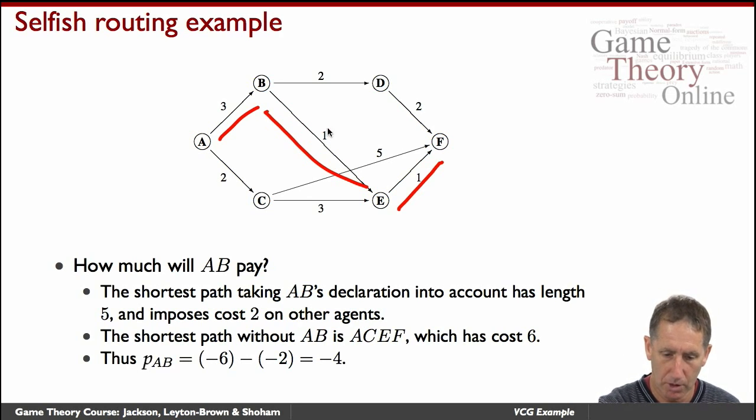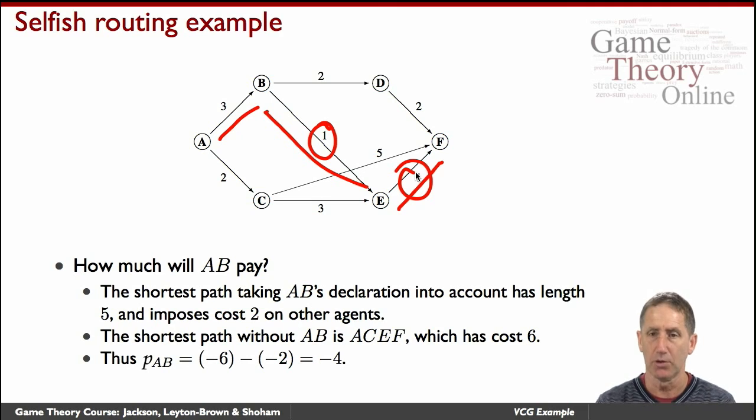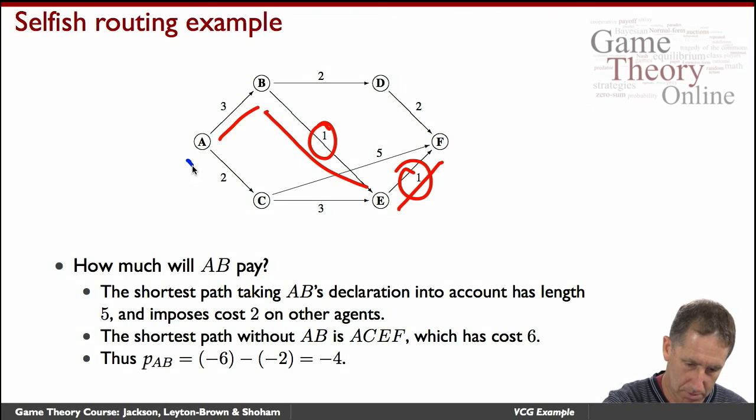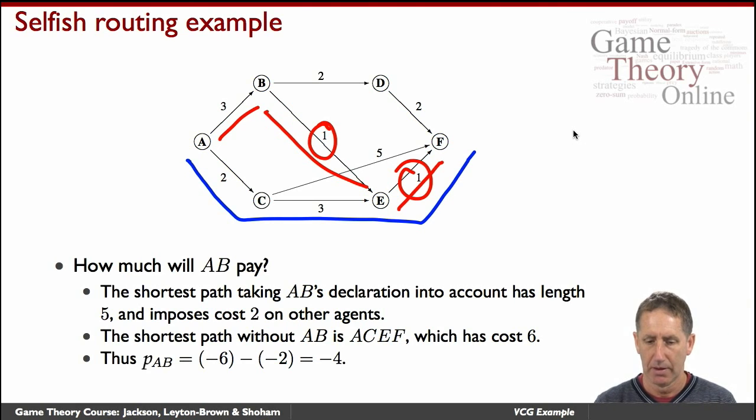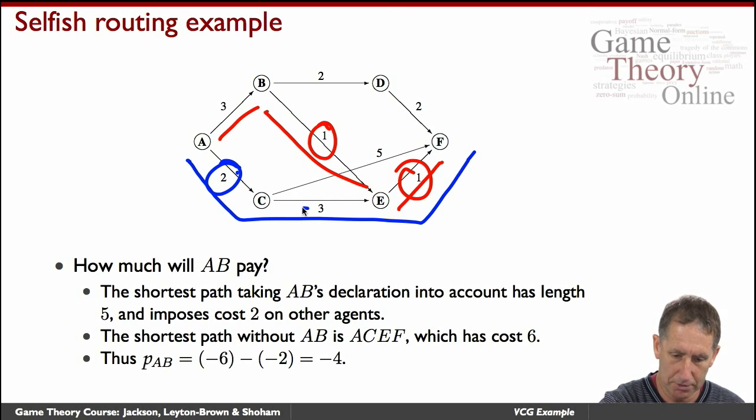Well, it's 1 plus 1, a cost of 2. Had AB not been in the picture, what would have happened? Well, the shortest path would have been this one over here, a cost of 2 plus 3 plus 1.